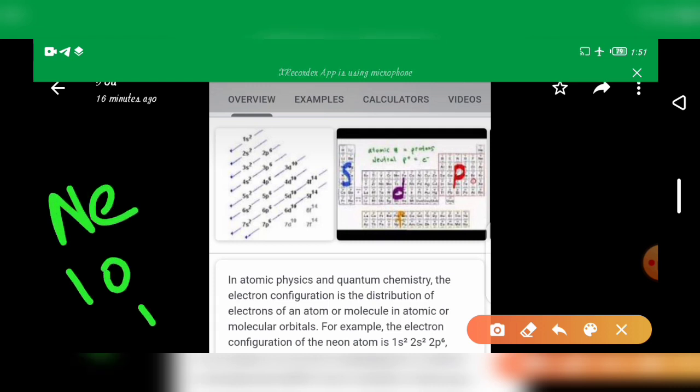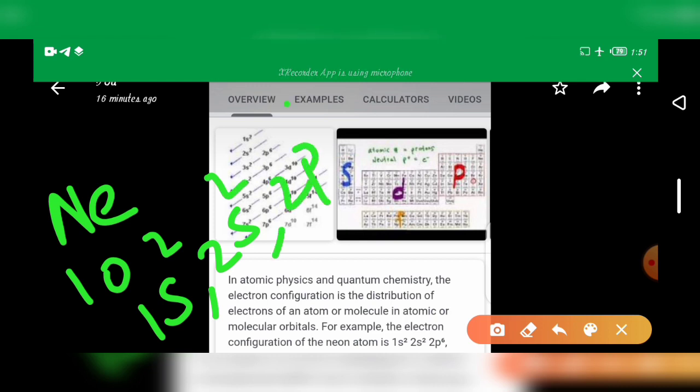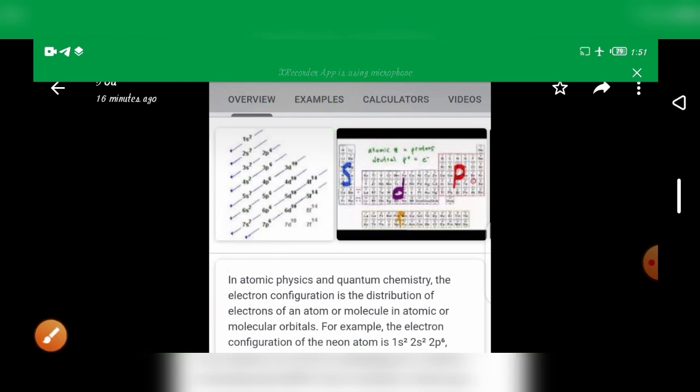So you have to write it as 1s2, 2s2, 2p6. Totally 10 electrons: 2, 2, 6. So 1s2, 2s2, 2p6. This manner only it will be filling.